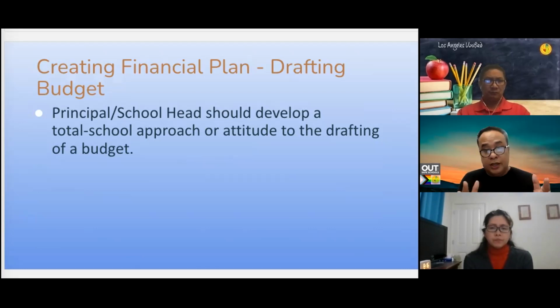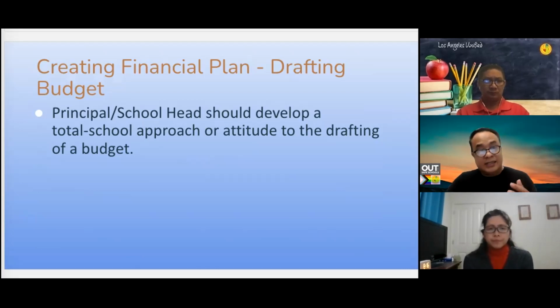That includes AP classes, professional development for teachers, and even down to the very last school materials, notebooks, and all that stuff. Aside from the local school leadership council, we also have the school site council, who is in charge of the English learners. They look at what English learners need, and then they put it into a budget.